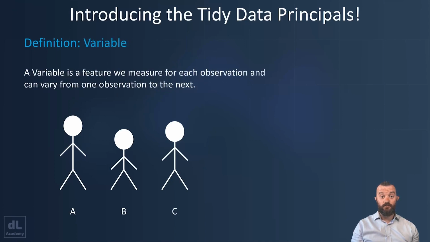The next definition we need is that of a variable. And a variable is a feature that we can measure about an observation. So for example, it could be an individual's height, or it could be their shoe size. You'll also hear of variables referred to by the names of features or attributes, particularly in the world of data science.